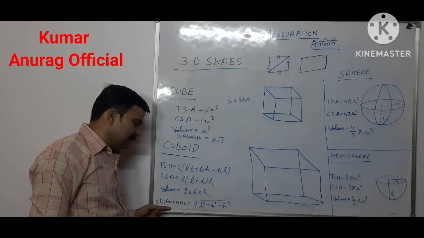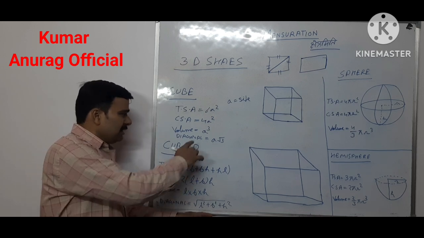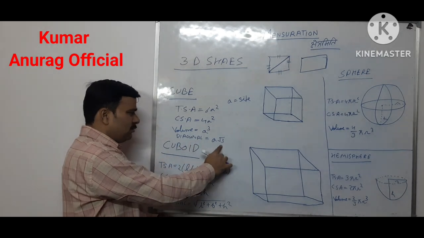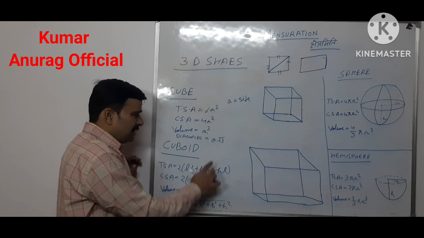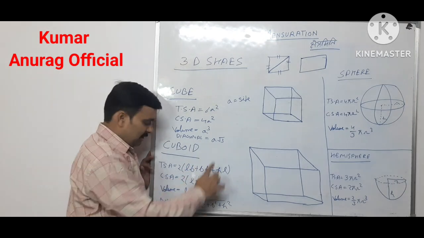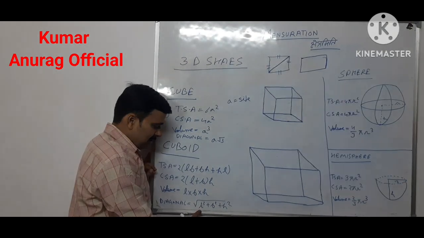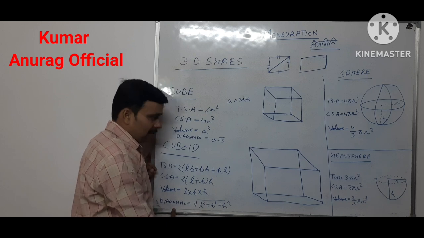If you want to find the diagonal, then it is under root L square plus B square plus H square. Here you can see that for the cube the diagonal is a root 3, and here the diagonal is under root L square plus B square plus H square, because in a cube all sides are equal, but in cuboids all sides are not equal. That's why we add the three squares and find the value of the diagonal.